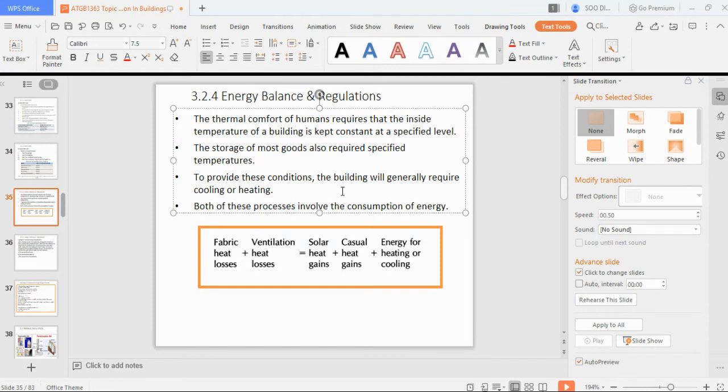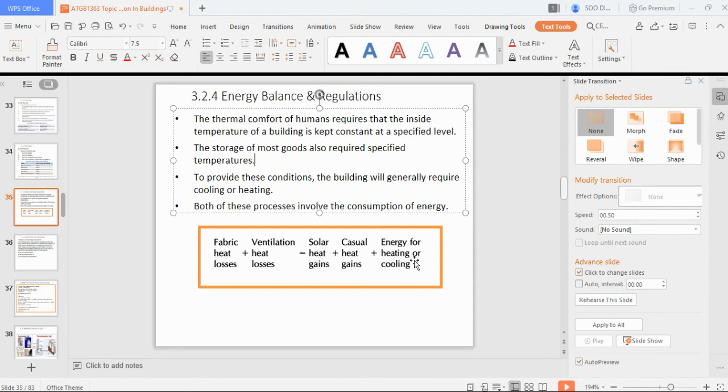So if you are comfortable at about 16 to 18 degrees Celsius, you want to ensure that the room is regulated at around that temperature, so that any heat gain from the appliances in your room, like your laptop, is reduced by another appliance, maybe your aircon, so that you will be able to maintain a very constant and comfortable temperature.